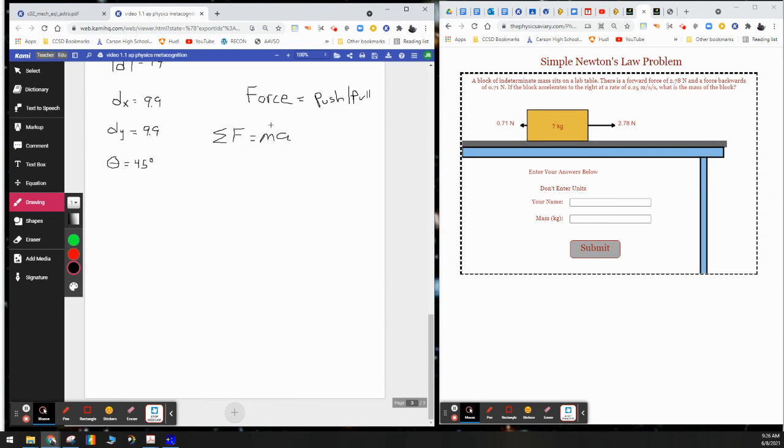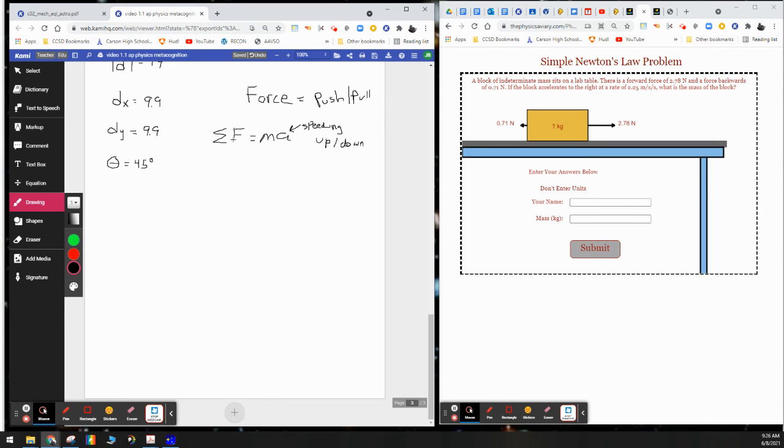Mass, we already have some idea of what it is. Acceleration just tells you how fast you are speeding up or slowing down. Okay, so that's what acceleration is.